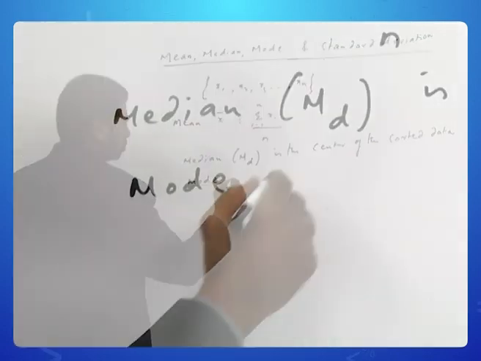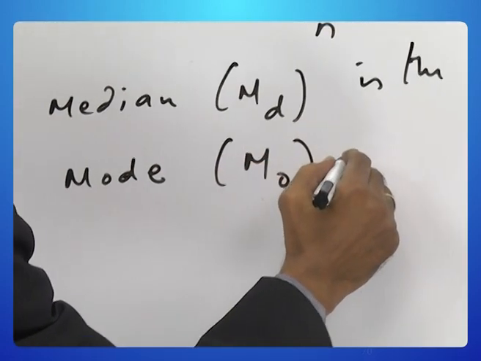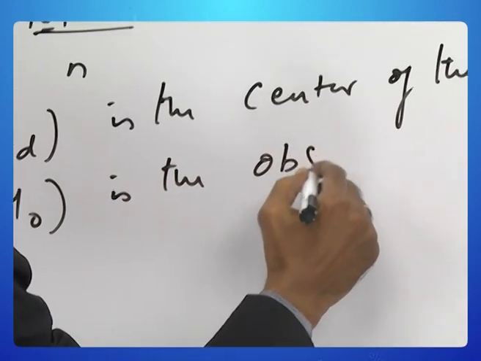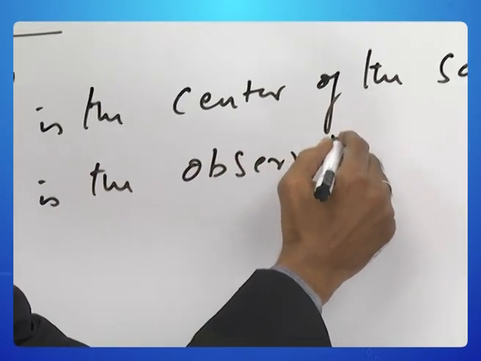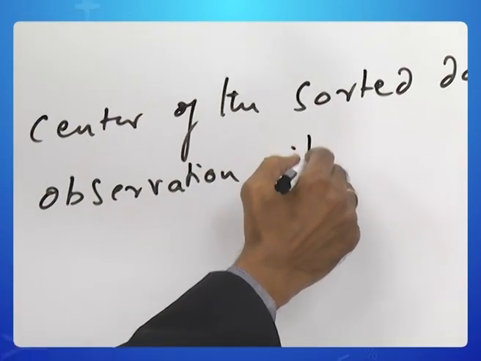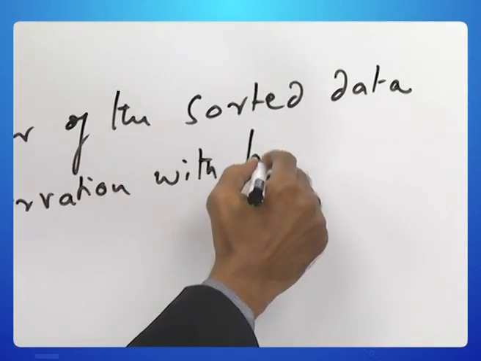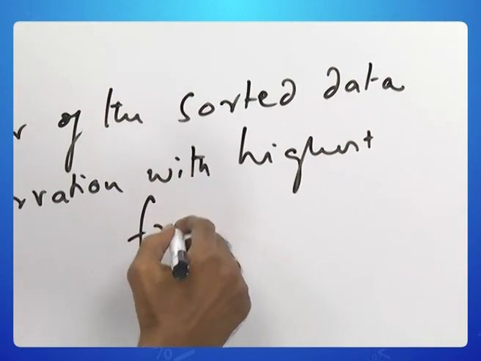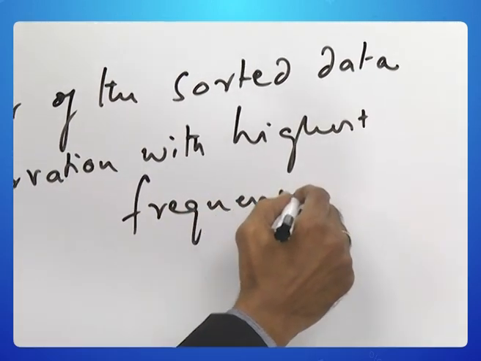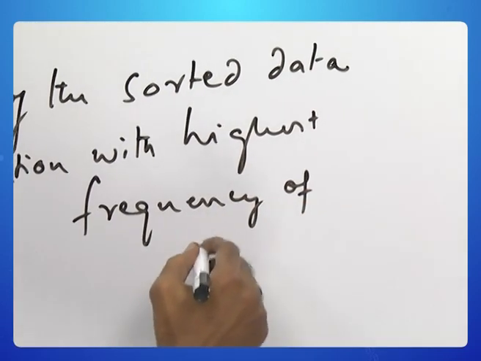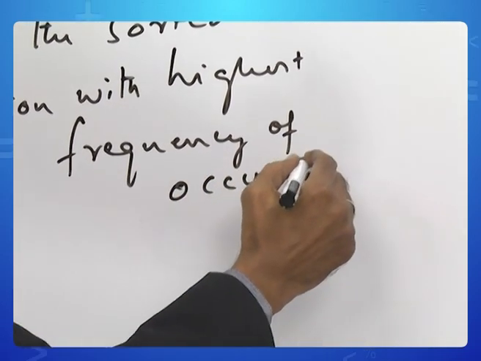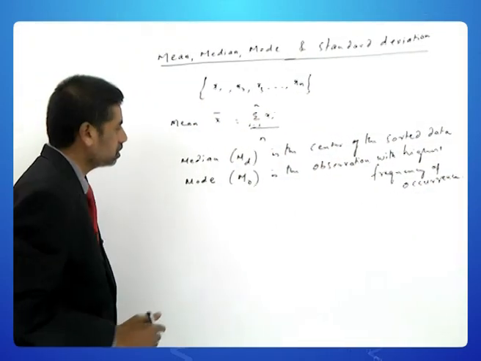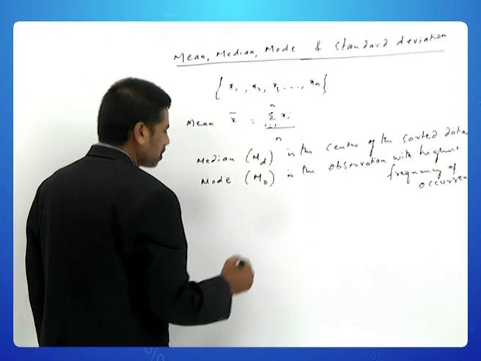Mode is the observation with highest frequency of occurrence. These are all well known and do not require much amplification.